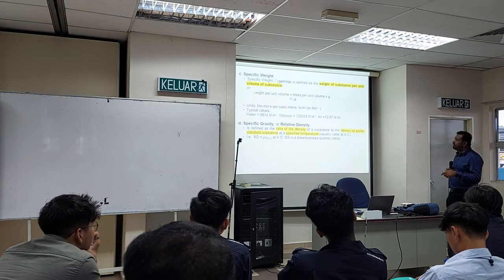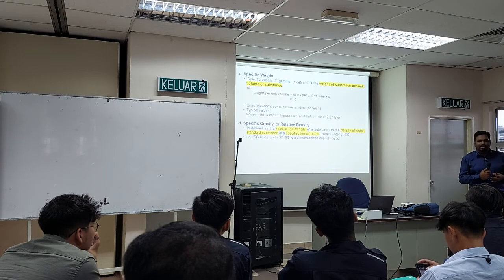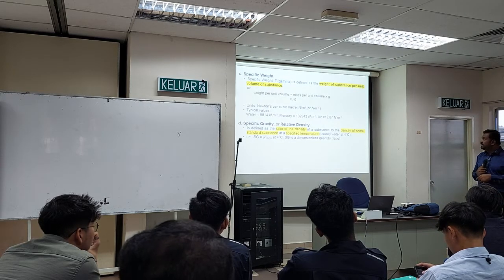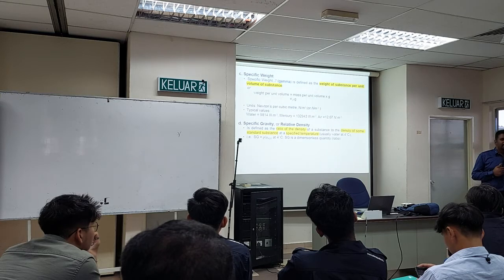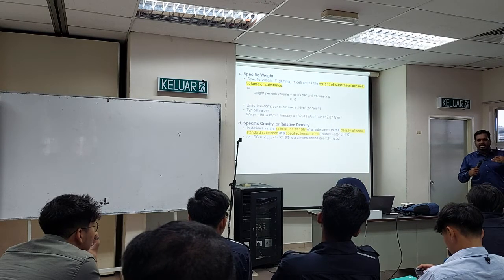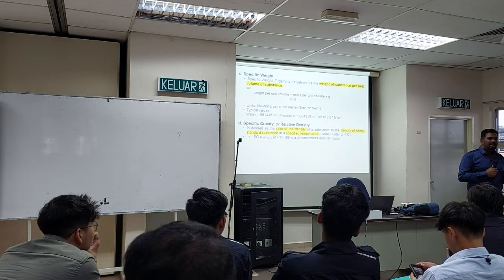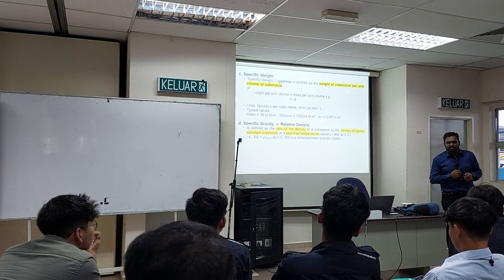So rho kali g. Depends kat mana. So kalau you ada dekat bulan, gravity dia lain. So kalau you ada atas gunung, gravity dia actually kurang daripada waktu you ada dekat surface. Walaupun is negligible.